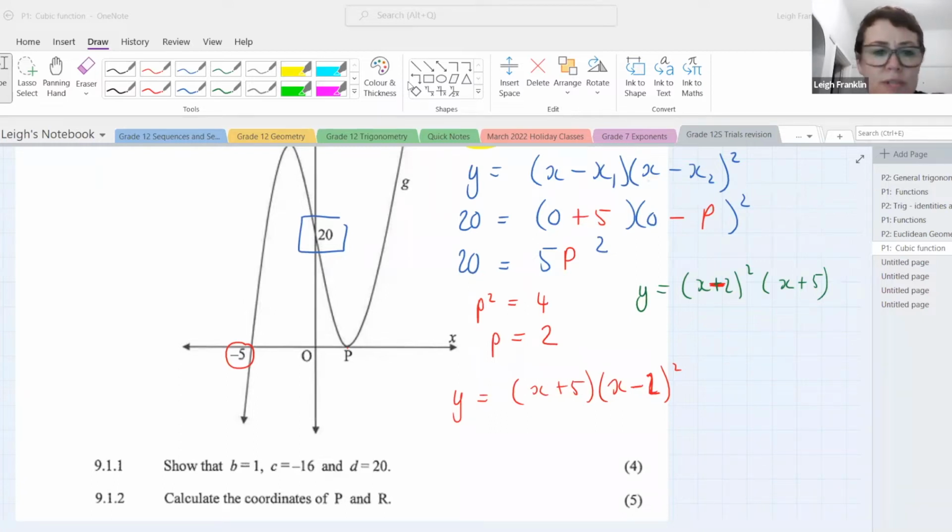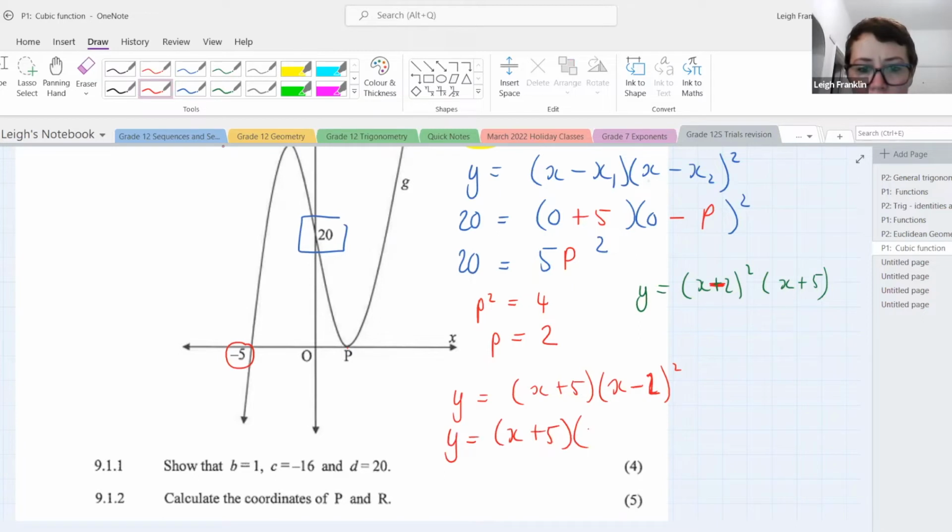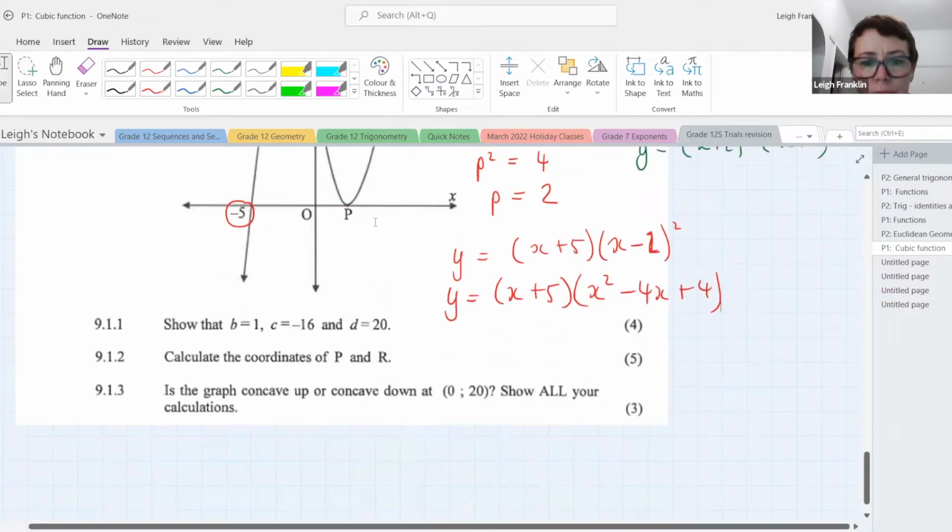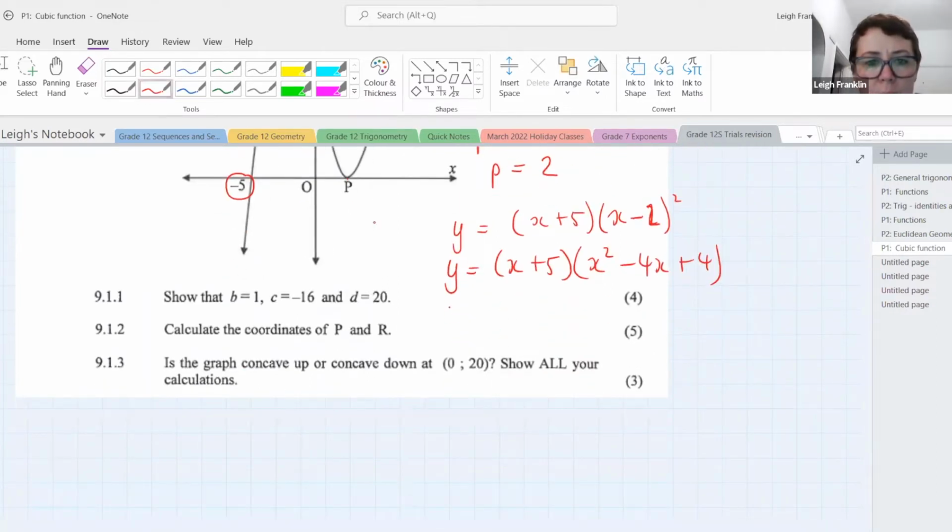I agree, Hope. Was there no last term, Hope? Because at this point over here, we would have our y equals x plus 5. And then here, when we square our binomial, we'd end up with x squared minus 4x plus 4. Then we would end up with y equals, so now we don't need the brackets there anymore.